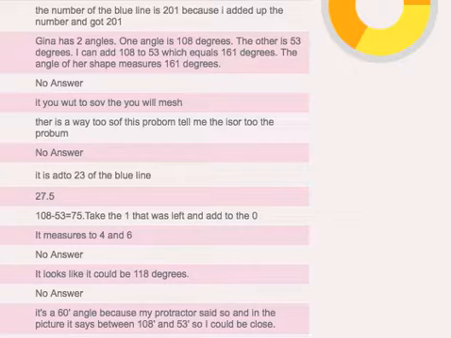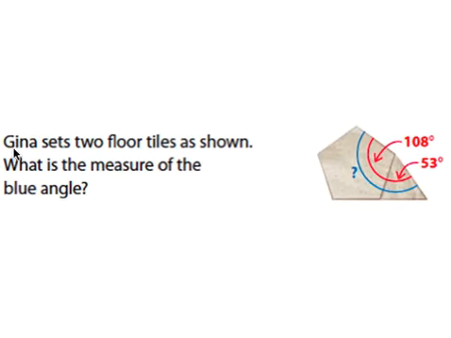Let's look at this answer here. 108 minus 53 equals 75. Take the one that was left and add to the 0. Again, you were asked to answer this question in a full sentence.